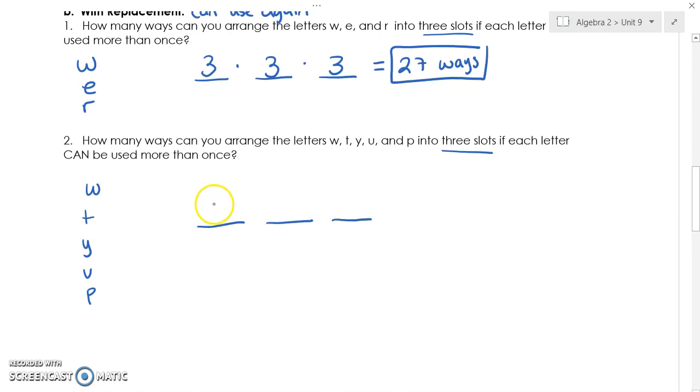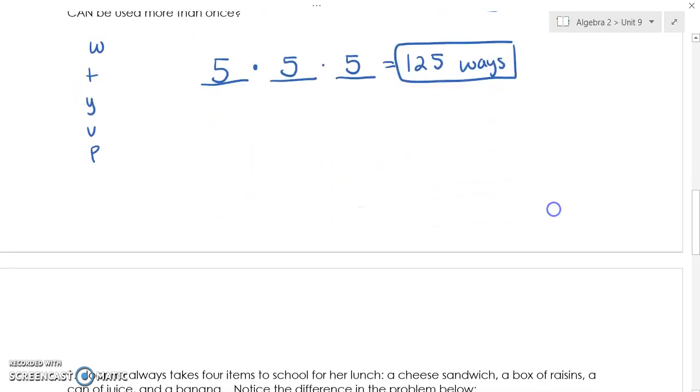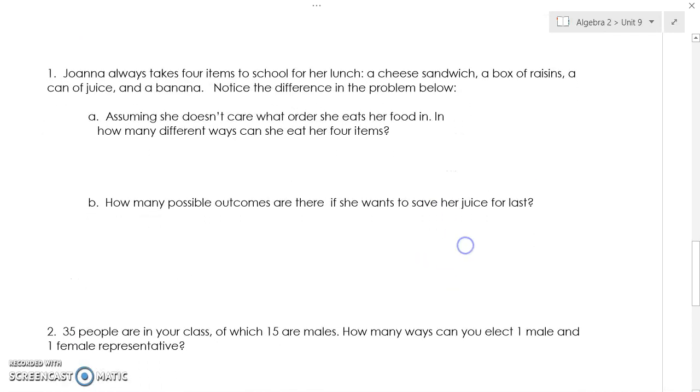So for the first slot, I have 1, 2, 3, 4, 5 letter options. And since I can use them again, I have 5 for the second spot and 5 for the third one, making that 125 different ways. Easy peasy? Lemon squeezy. Alright, let's go ahead and look at the next part.